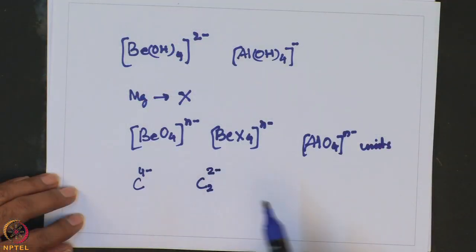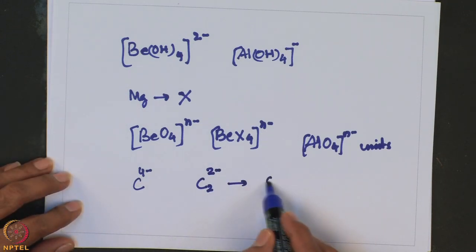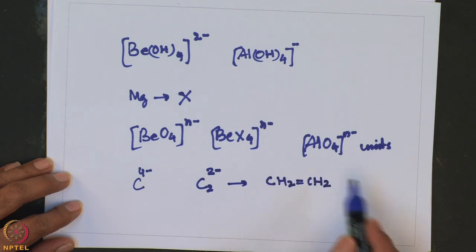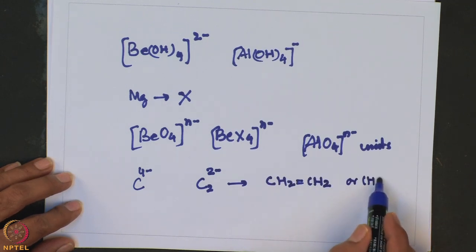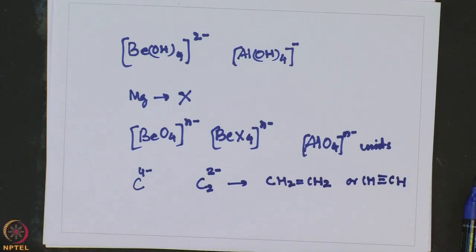The other group 2 carbides contain essentially C2 2 minus ion and produce ethylene or acetylene. Of course, those things I will discuss later, when the corresponding carbides are treated with water.